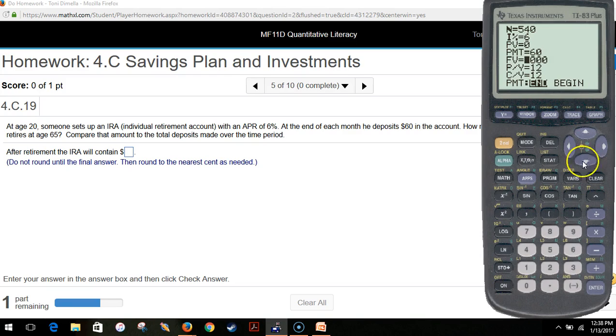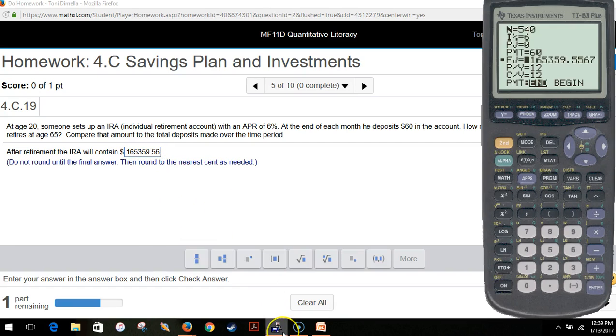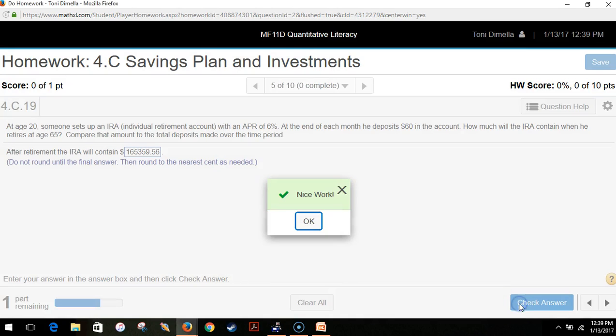How much money will be in the account at the end of 45 years? Clear that out. You must clear it out before you solve, or the calculator gets a little confused. Alpha, enter, and they will have $365,359.56. Let's see if I can remember all of this to type that in. I think I got an extra 3 in there. 365,359. Yes. And we'll check that out.